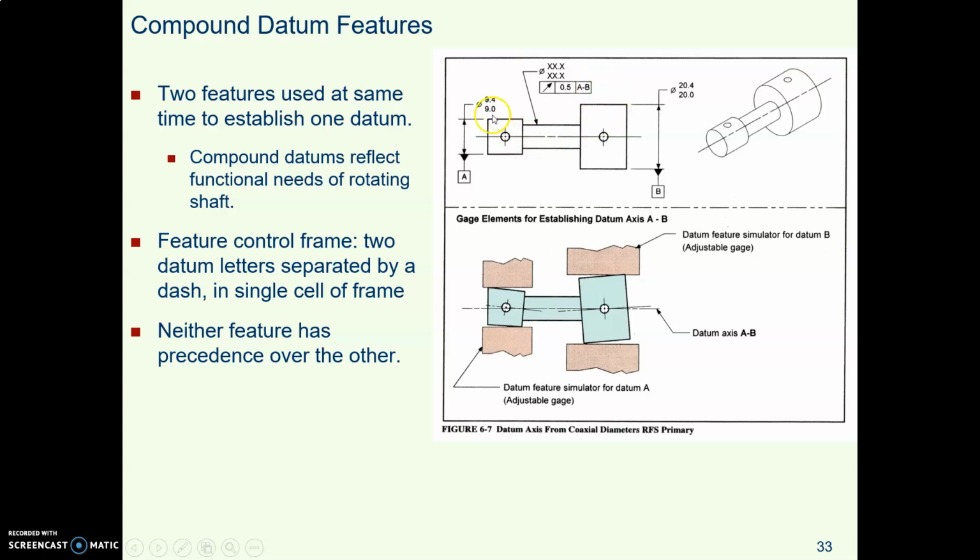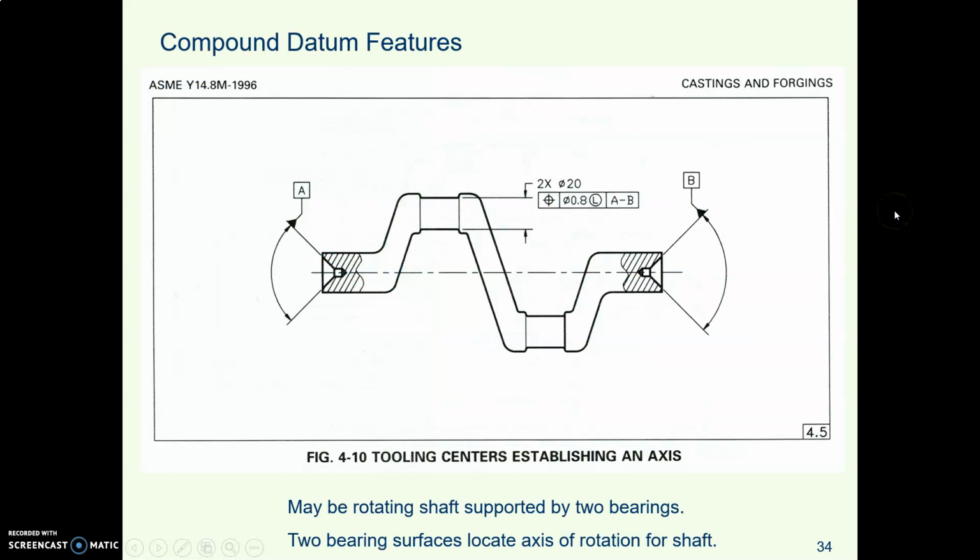That means you'll grab end A and you'll grab end B, and those will work together as one datum axis. Neither one is more important than the other. They work together.